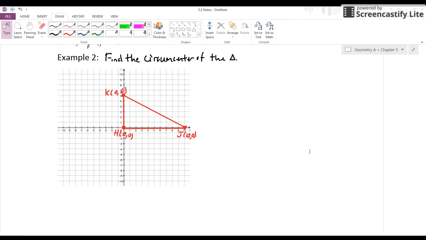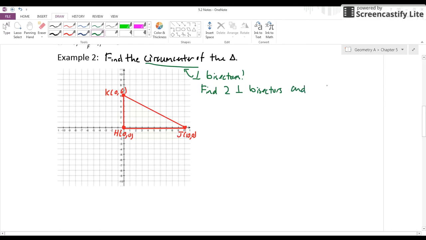And remember, to find the circumcenter, we need perpendicular bisectors. So we need to find where perpendicular bisectors intersect. So we need to basically find two perpendicular bisectors and their point of intersection.